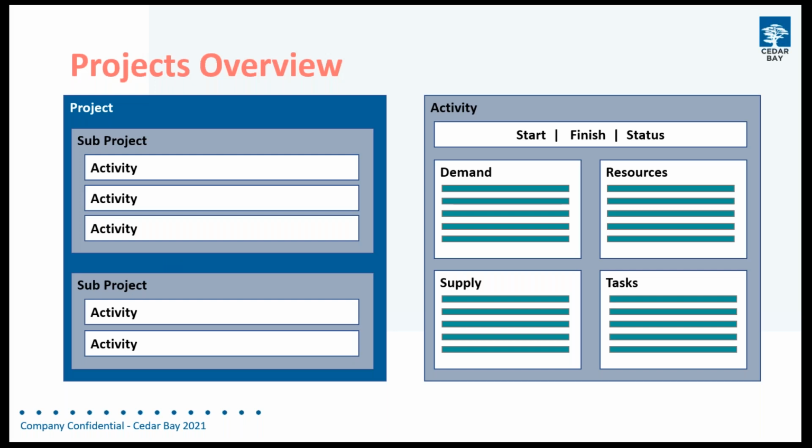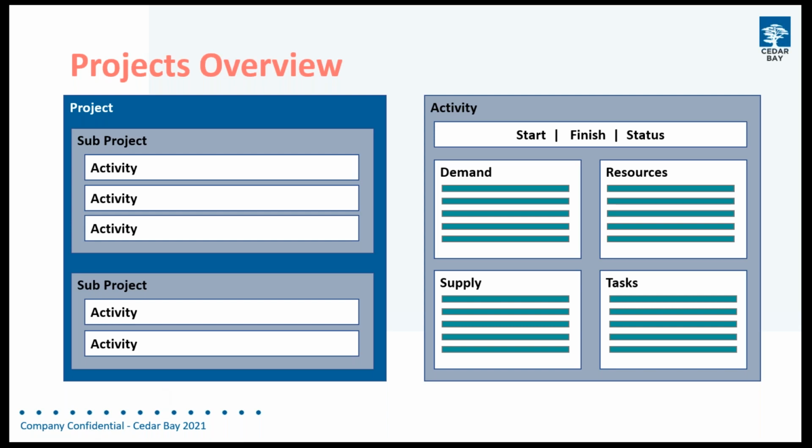So first of all, like I said, just a quick overview for people who may not be familiar with IFS projects, and in particular the terminology, because this can be different to some of the other project planning software that people use. What we've got in IFS is a project, which is the container for all of the work that goes on within a project, and that collates all the costs.